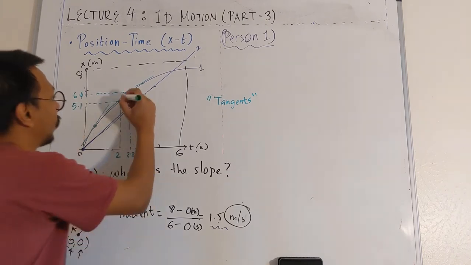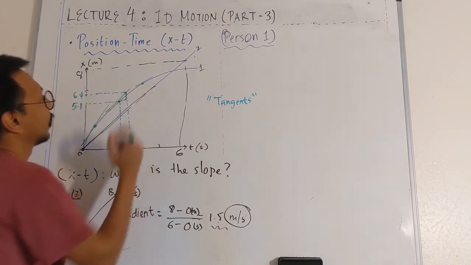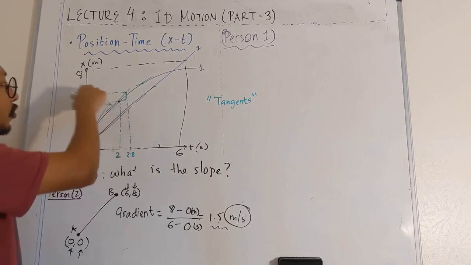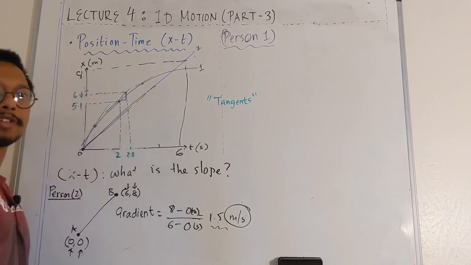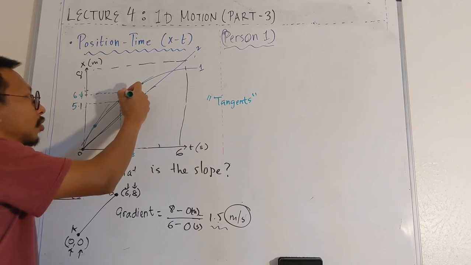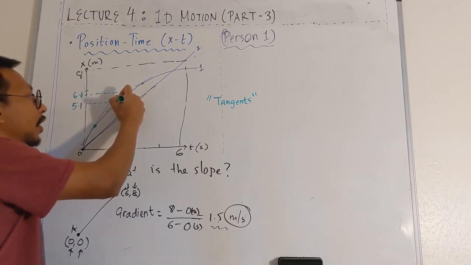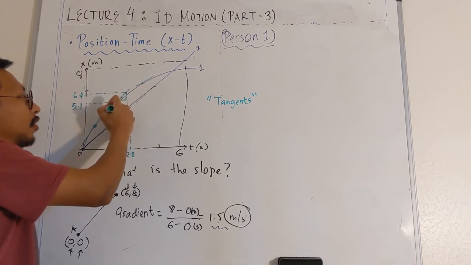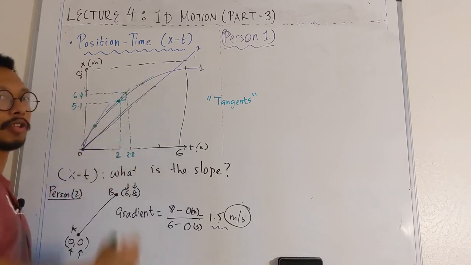Okay, now we can calculate the slope for these 2 points on the same tangent line. So they will have the same slope. This point right here will have the same slope as this point and this point, and so on, as long as it's on the same tangent line.